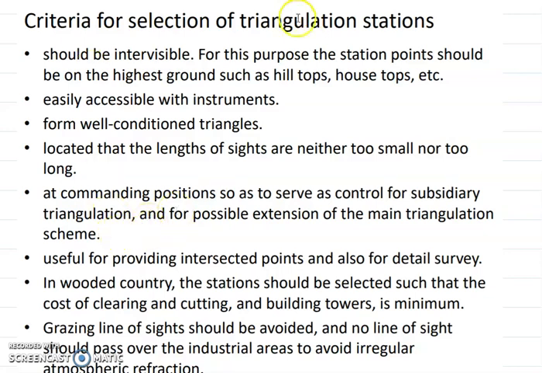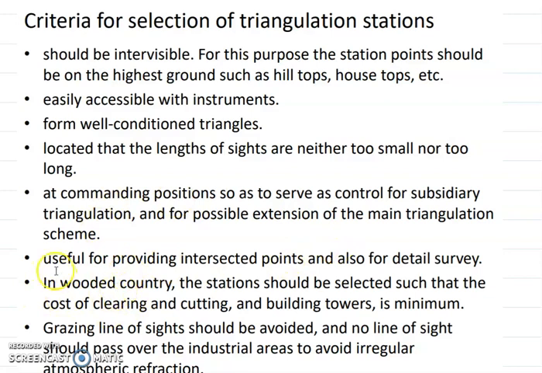Again, commanding position is repetitive of what we have already spoken. Your subsidiary stations or your main stations should be so placed that they are easily visible. They are very conspicuous. You don't need to go searching for them, neither on ground nor on paper. It should not be in some corner of some place.